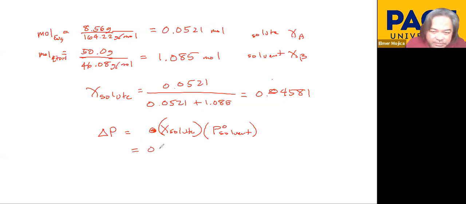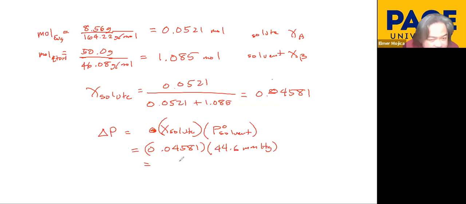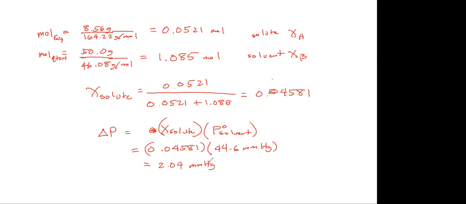So we're going to get the value 0.04581 times the P solvent that is equals to 44.6. So that would be equals to what? 2.04. Huh? 2.04. 2.04 millimeter mercury.